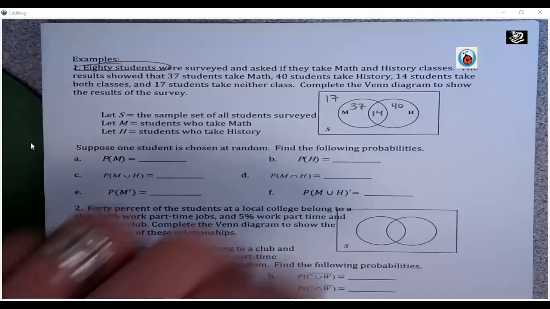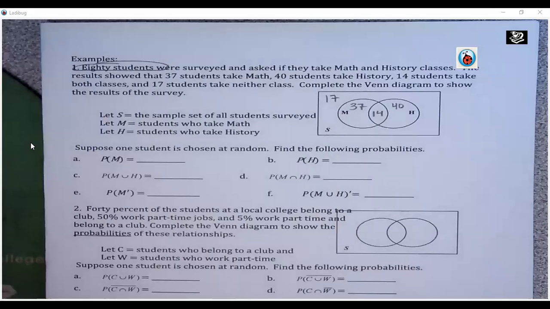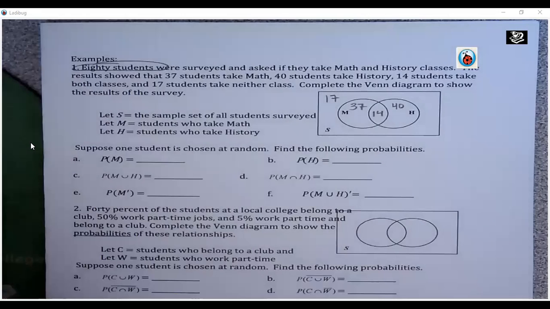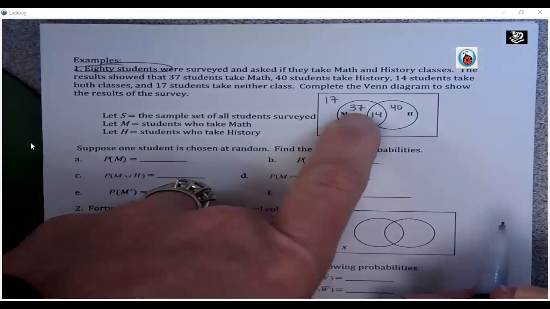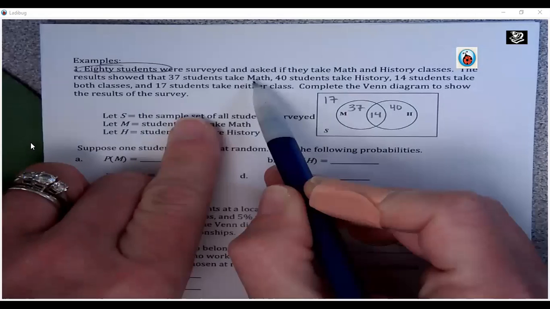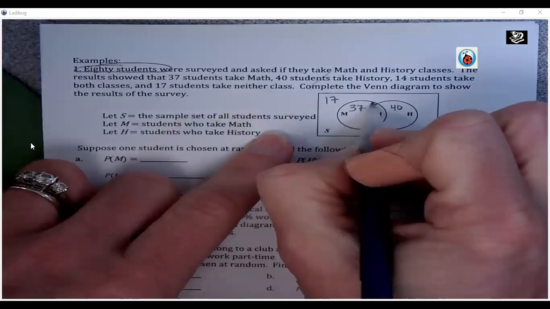Somebody tell me? 108. Okay, thank you. So that means my numbers are not correct because what should it add up to, guys? What do you think? 80. 80.